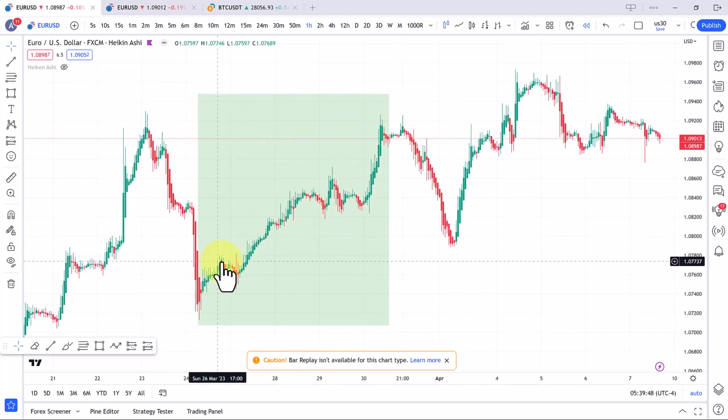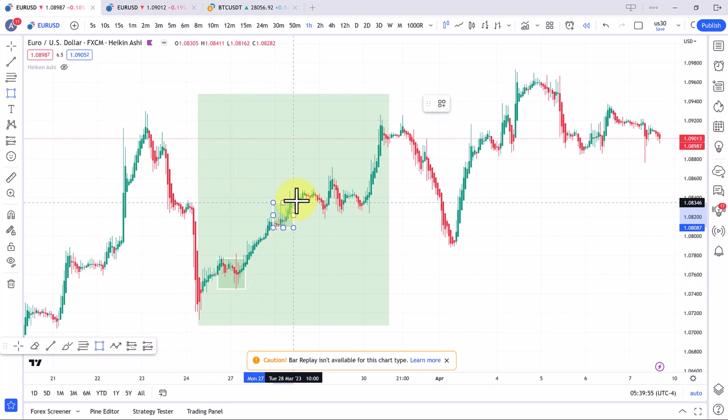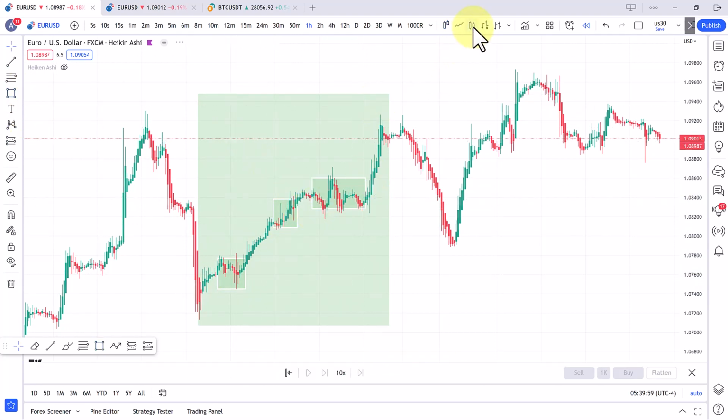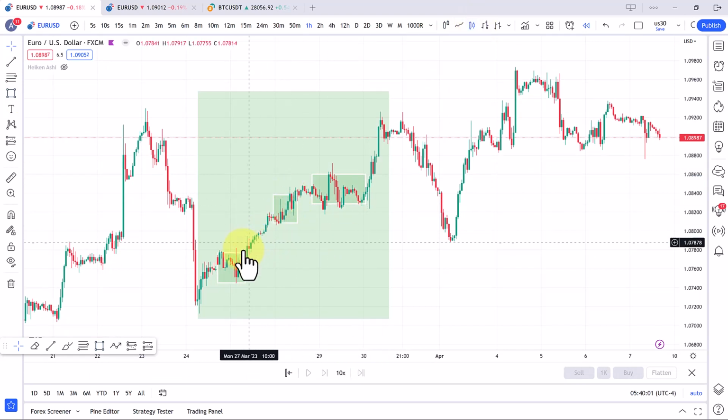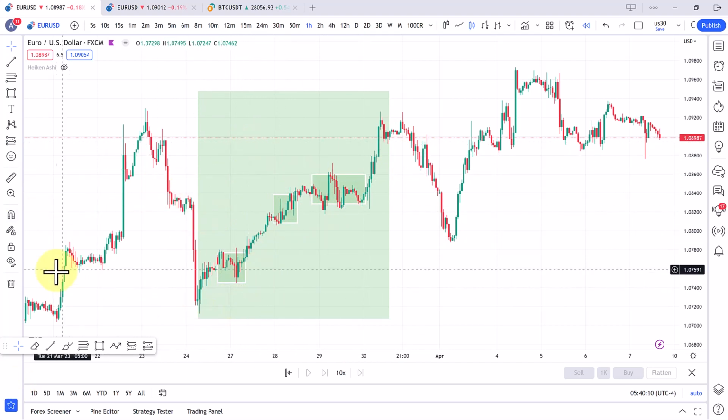You can see how we have some noise here and here and here. I go to candlestick charts and you can see that we have a lot of red candles as well. So Heiken Ashi has less noise than other kinds of charts.